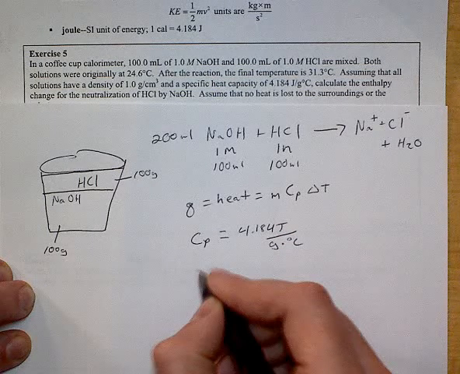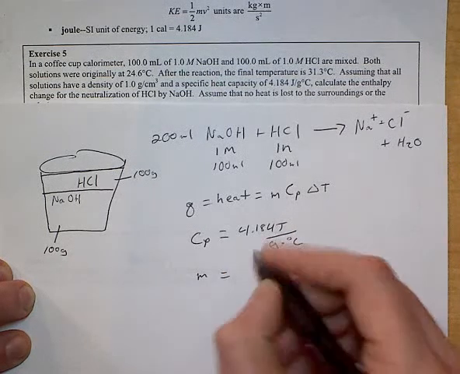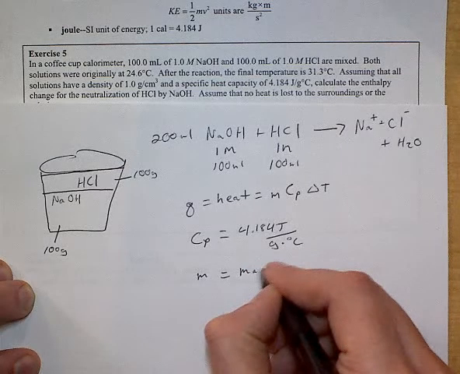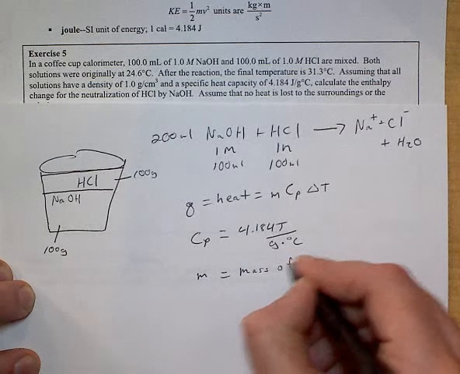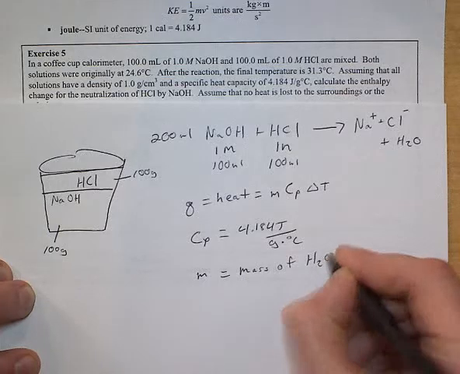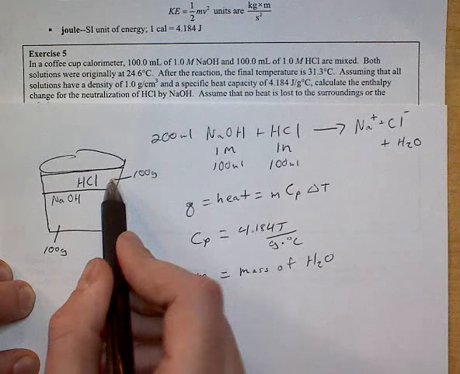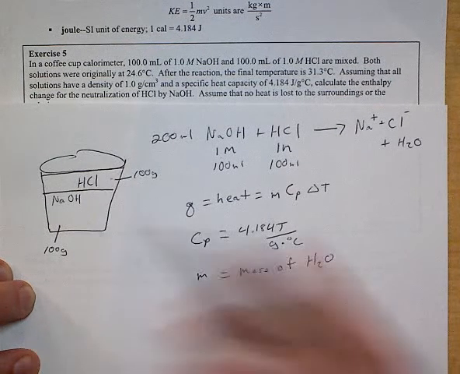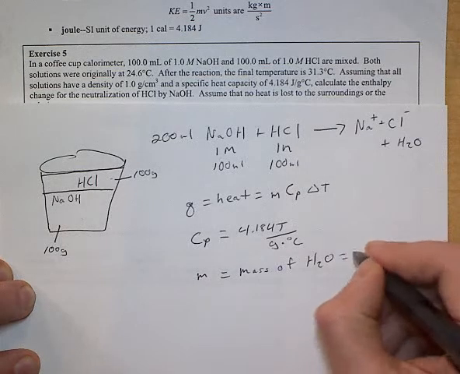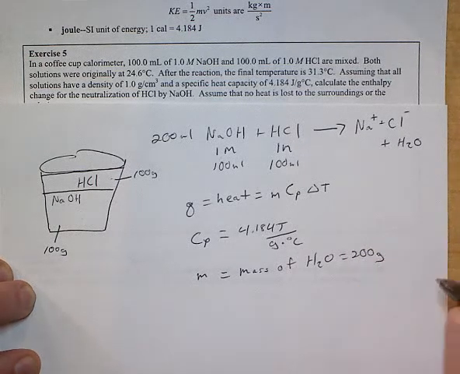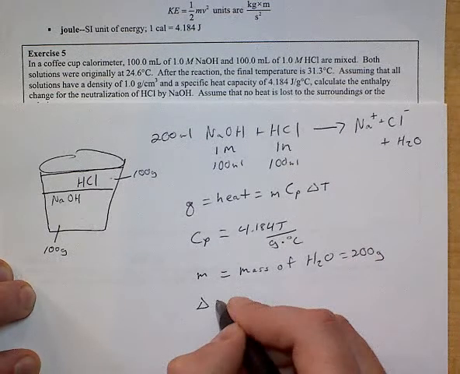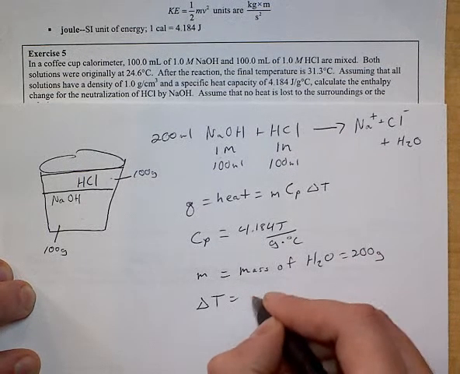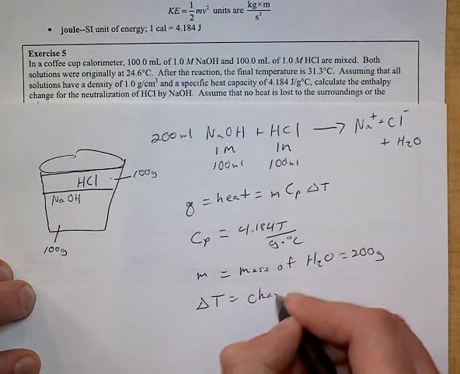M equals the mass of water in the coffee cup. In this case, we have 100 milliliters plus 100 milliliters, so this is 200 grams. And delta T is the change in temp.